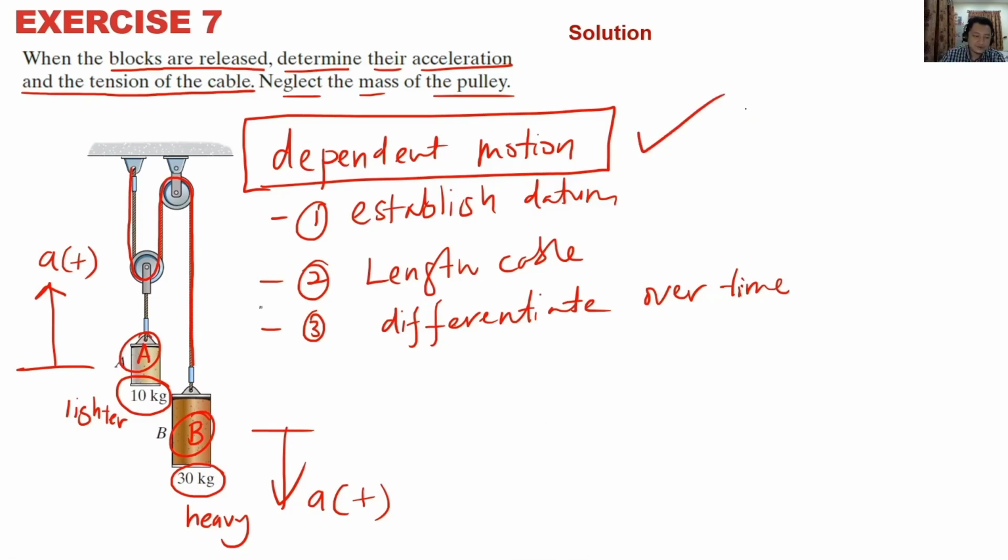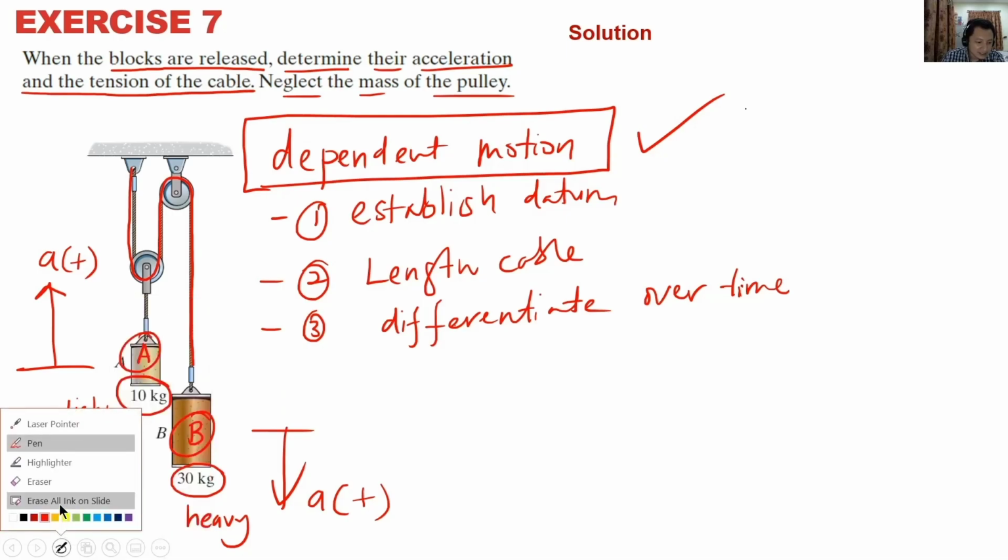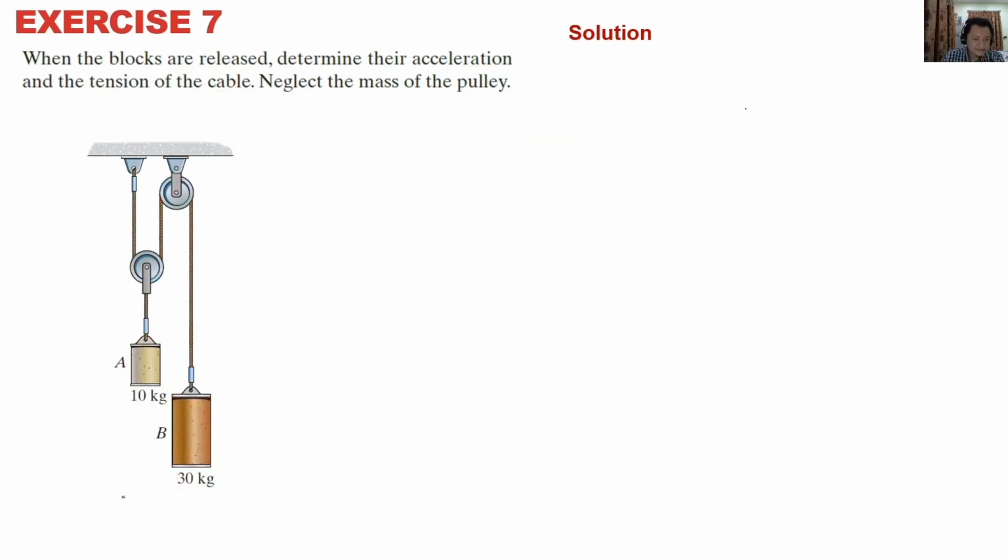So now let's do all that. I'm gonna clear all the things. Screen, cannot erase all ink on the slide. Okay. So number 1, this is dependent motion. You need to establish the datum. So this is a datum.